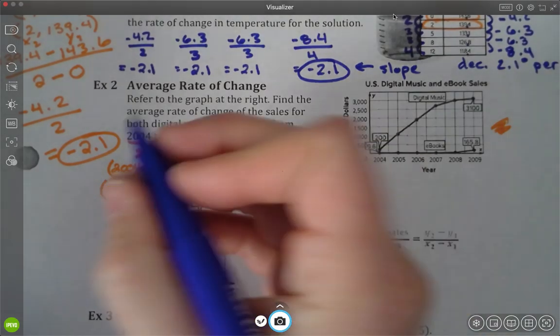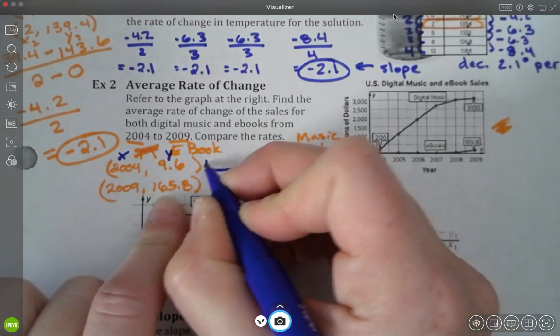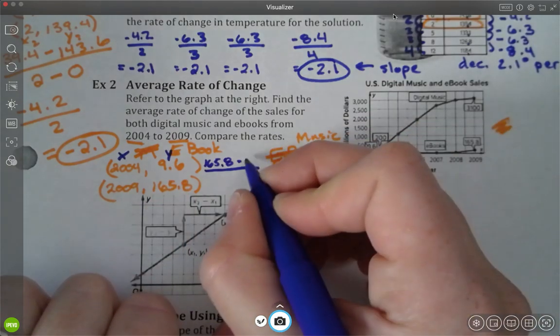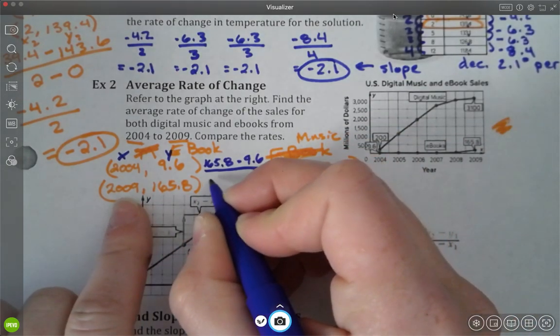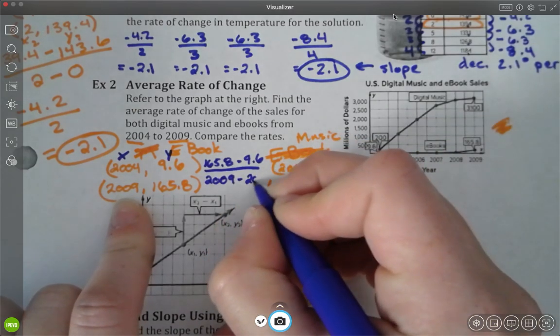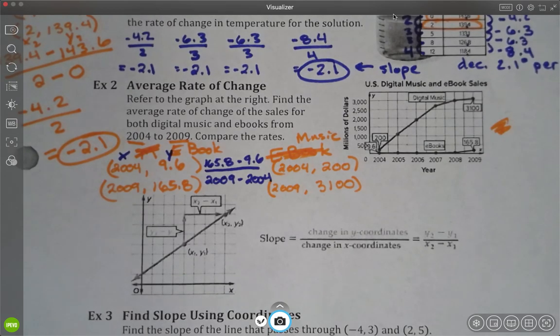Yes, so it goes x and then y. Here's my second y. 165.8 minus 9.6. And then on the bottom I have 2009 minus 2004. That's going to be my slope, my rate of change. Yeah? So on the top, 165.8 minus 9.6. I can maybe do that in my head.